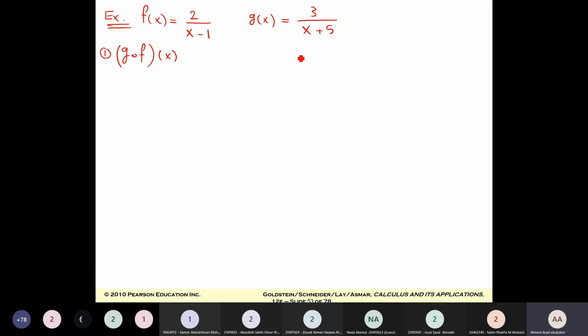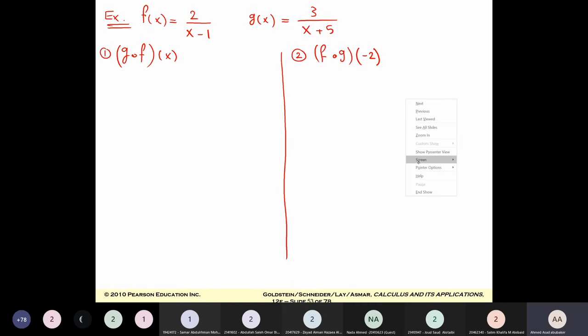Number 2, f composite g at, for example, minus 2. Okay, now the solution.